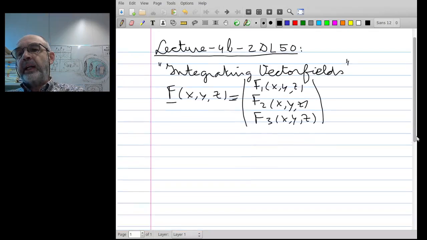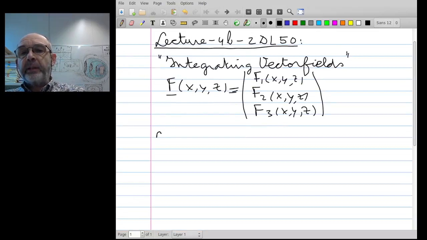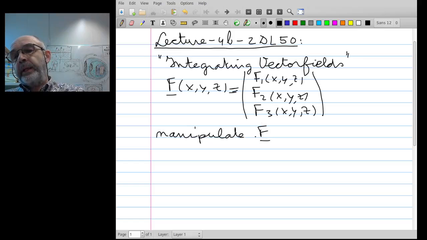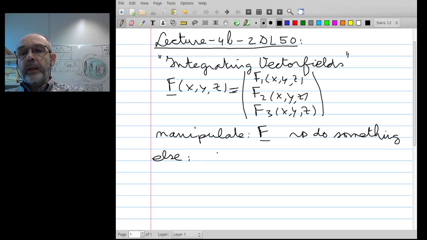we will, most of the time, manipulate the vector fields. So you will manipulate that vector field in some way, and then we do something with it. We take an inner product or something else. If you have done something with that f, you get some function.